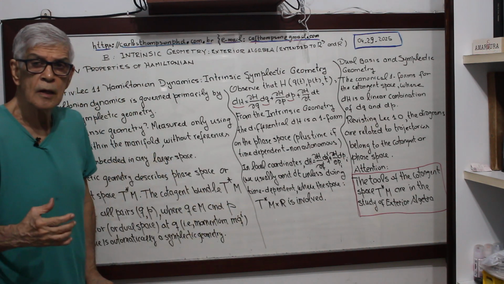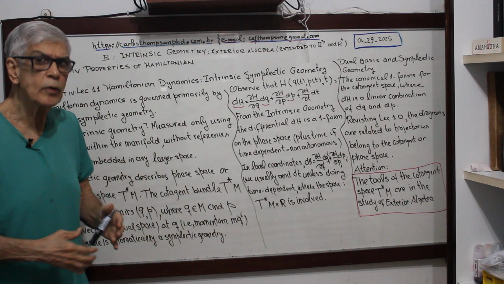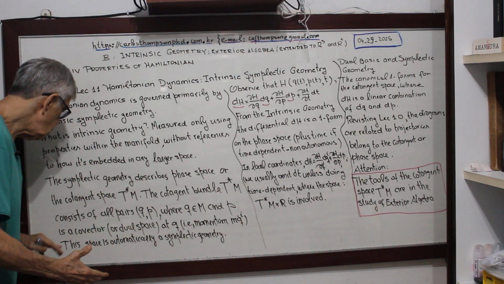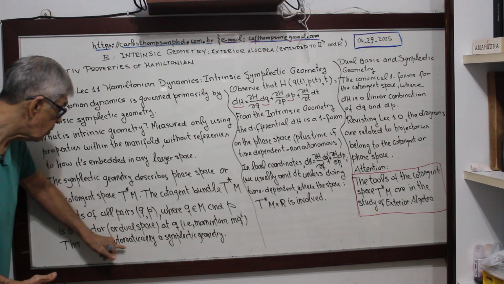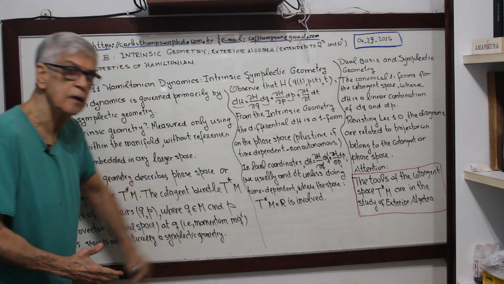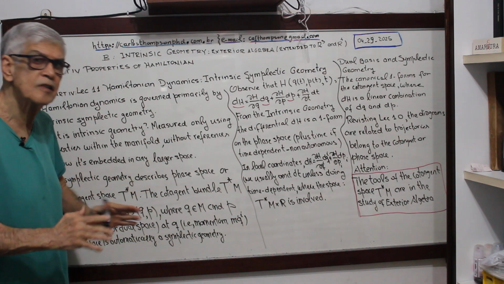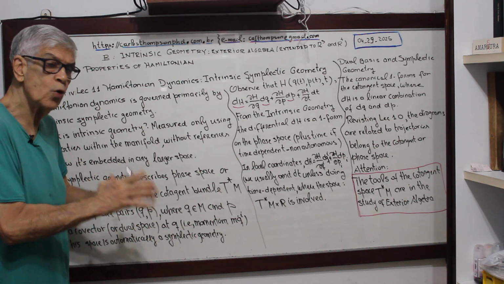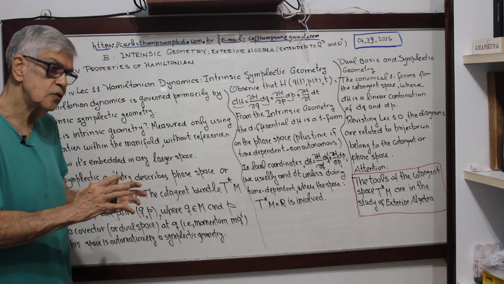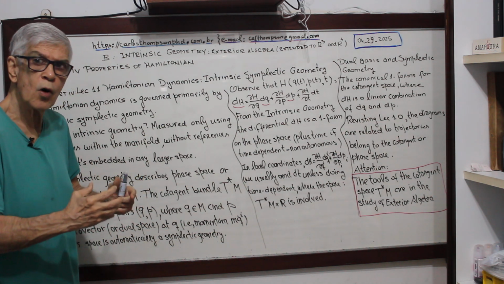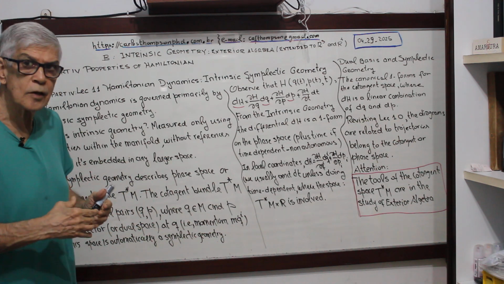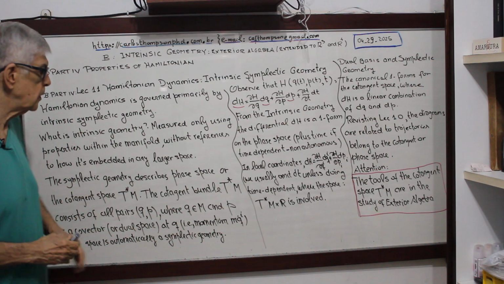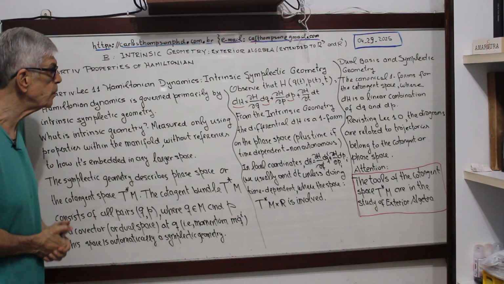The q dot i are the velocity components of the generalized coordinates. So this space is automatically symplectic geometry. As I emphasized, symplectic geometry is a tool of the Hamiltonian, which is related to intrinsic geometry. I think this is clear.